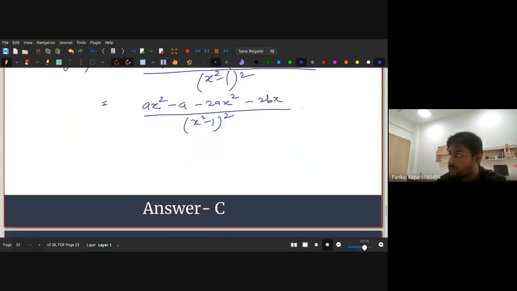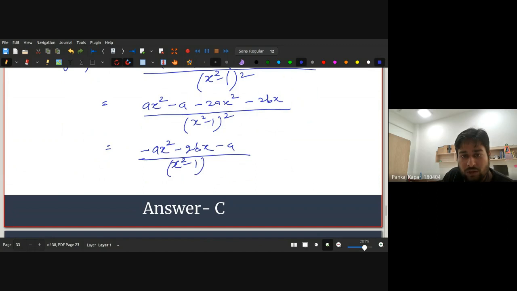So the derivative must vanish at x equal to 3, and we will use that here. First let's simplify this. This will just give us negative a times x square minus 2bx minus a divided by x square minus 1 the whole square. So this is our derivative of g.